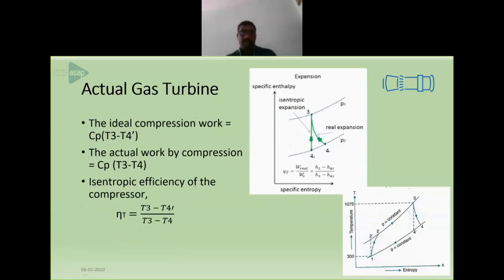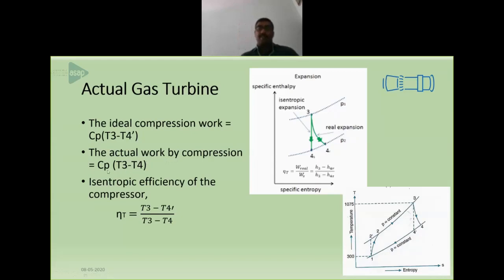Similarly, consider the actual gas turbine, the turbine part. There you have 3 to 4 s, which is an ideal situation. I have written it here as 4 dash, but actually it is 3 to 4. Really, we are getting only H3 minus H4 as the work, so work output is less compared to the isentropic expansion.